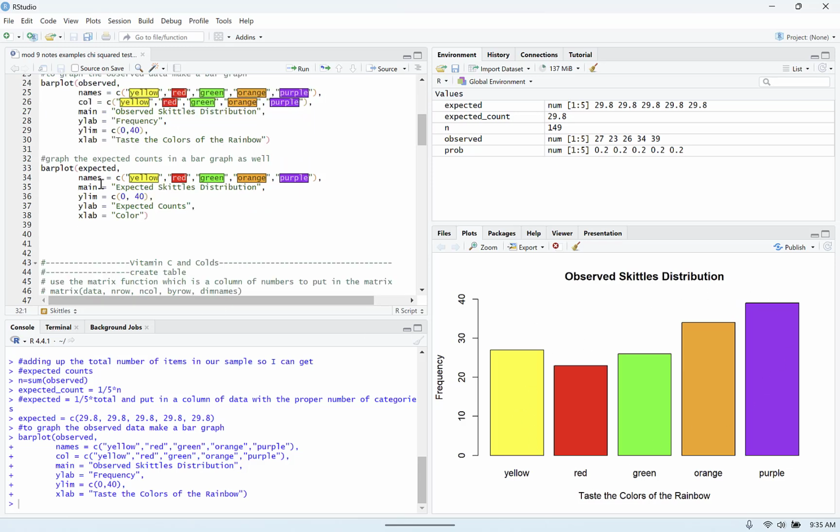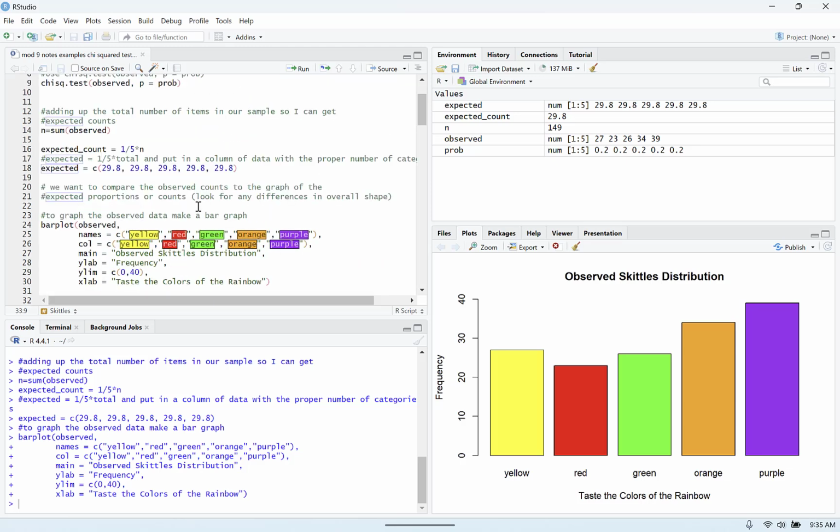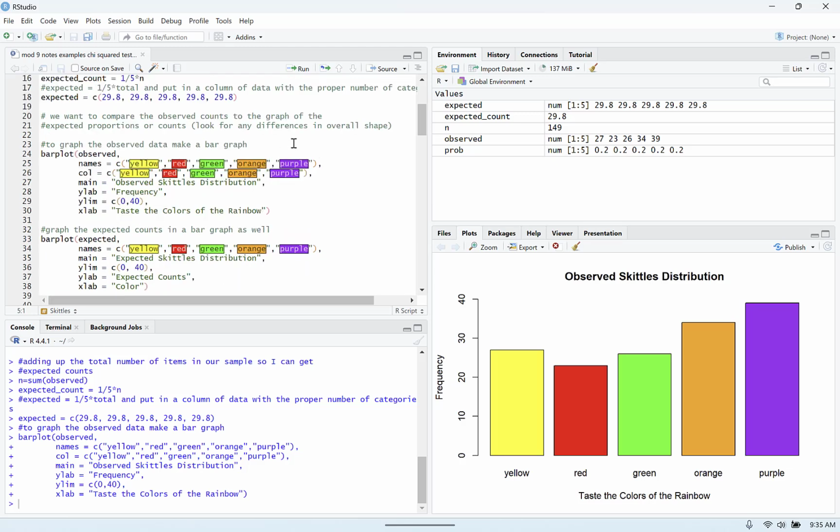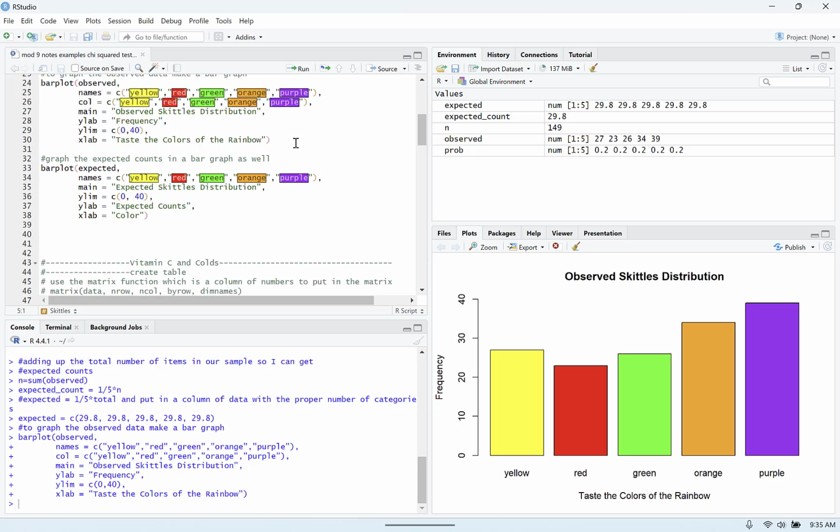Then I did the exact same thing with the expected counts. The only thing here, you guys, is that instead of graphing the expected counts, you could graph the probabilities. Because again, we just care about the shape of the graph here, that it looks the same as the sample data.